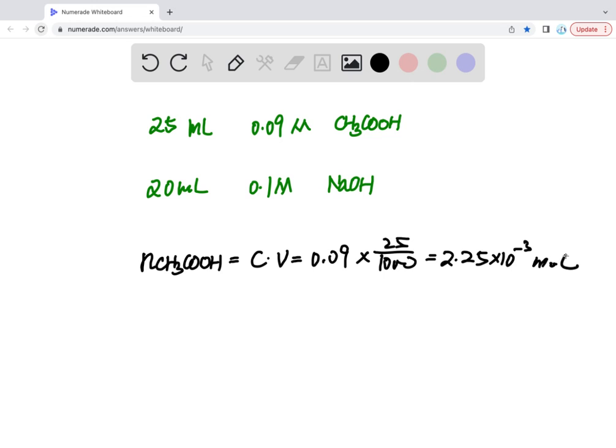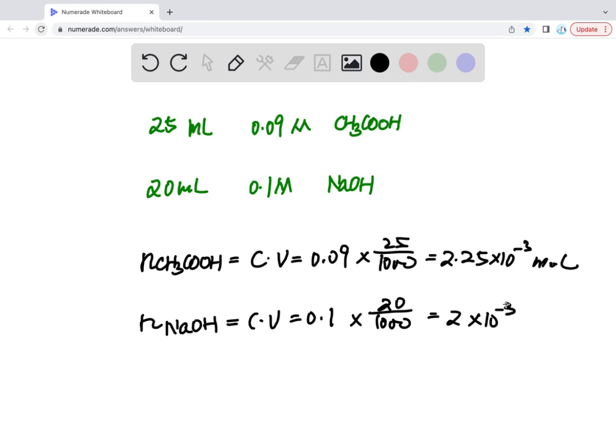And then if we calculate the moles of sodium hydroxide that we used for the titration, it's equal to 0.1 times 20 over 1000. So that's about 2 times 10 to the minus 3 mol.